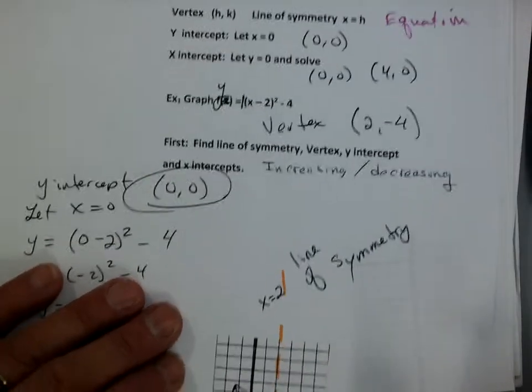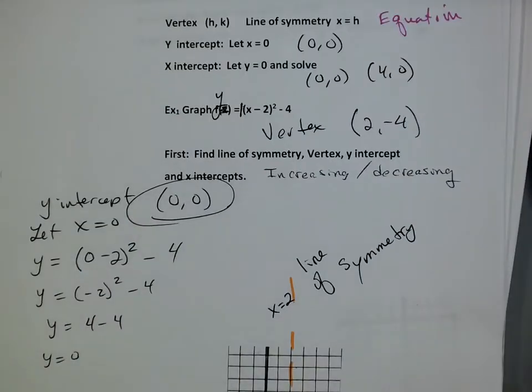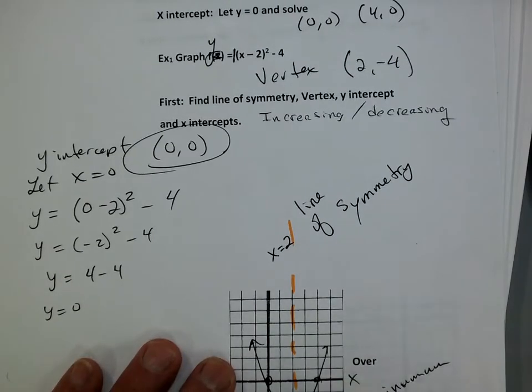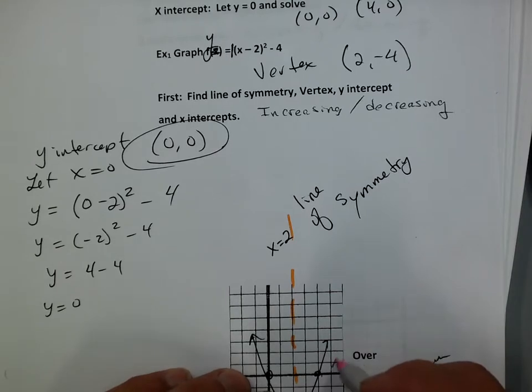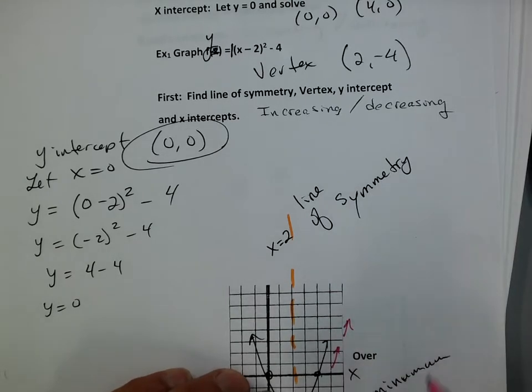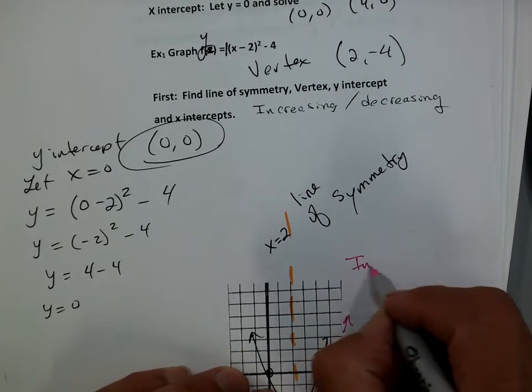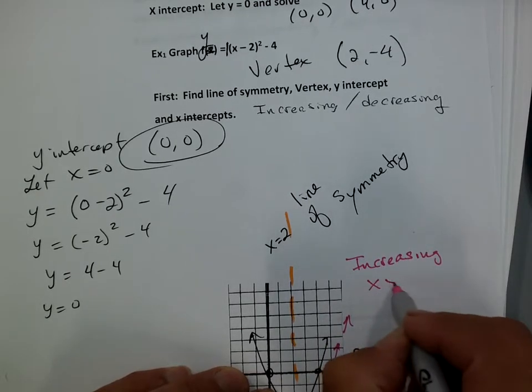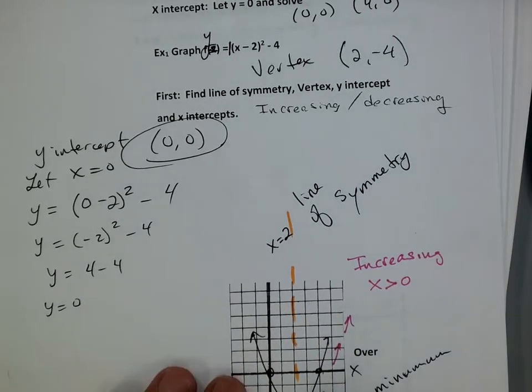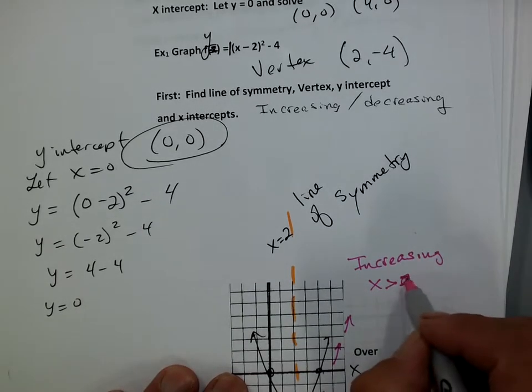There we go. Now increasing, decreasing. Well, it's going up. It's going up over here, this direction. Going up, up, up. So it's increasing from x is greater than 0. When, I'm wrong, x is greater than 2. I hate when I make mistakes.